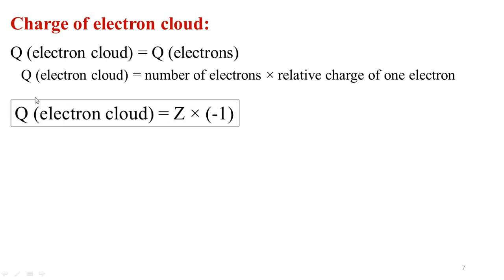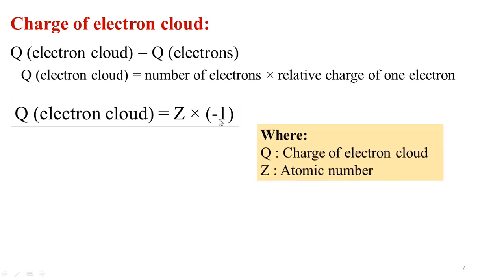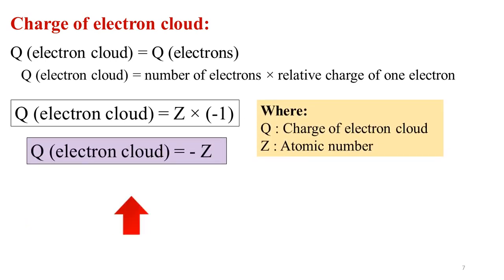So we can say that the charge of the electronic cloud is equal to Z, which is the number of electrons, which is equal to the number of protons, times minus 1, which is the relative charge of one electron. So in general, the charge of the electronic cloud is equal to minus Z. So here in this formula, capital letter Q is the charge of the electronic cloud. Capital letter Z is always the atomic number.